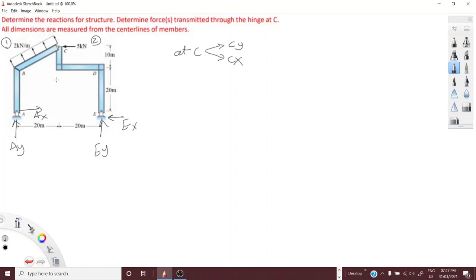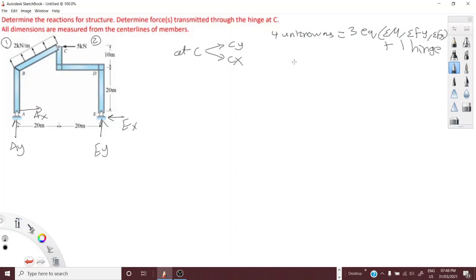So how many unknown forces do we have? 1, 2, 3, 4. So 4 unknowns, and we have three equations: summation of moment, summation of Fy, summation of Fx, plus we have the hinge.